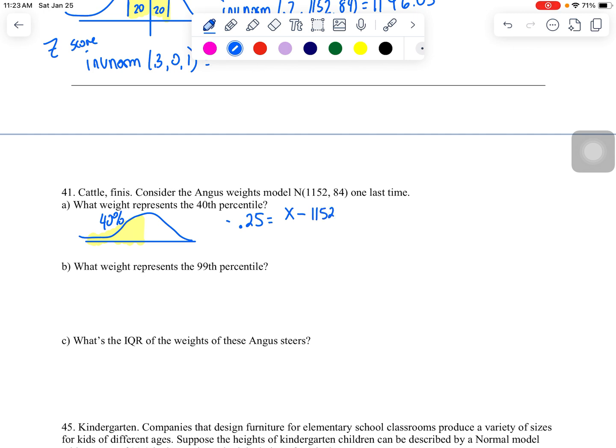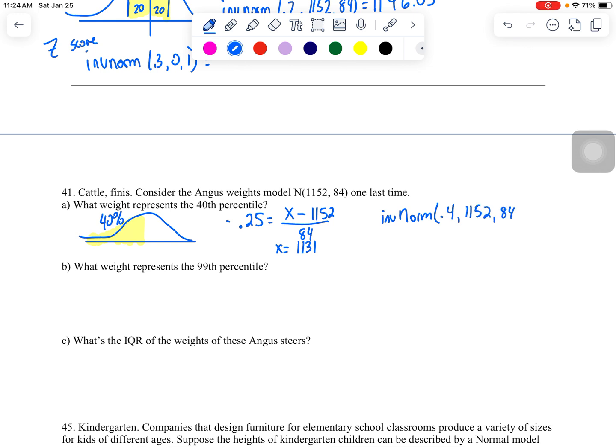Method number 2 of doing that would be inverse norm. When we inverse norm this, we want the lower 40%. So we're going to go with a 0.4. It has a mean of 1152 and a standard deviation of 84. So that's our 2 methods of doing that. And we're going to get roughly 1131 pounds.